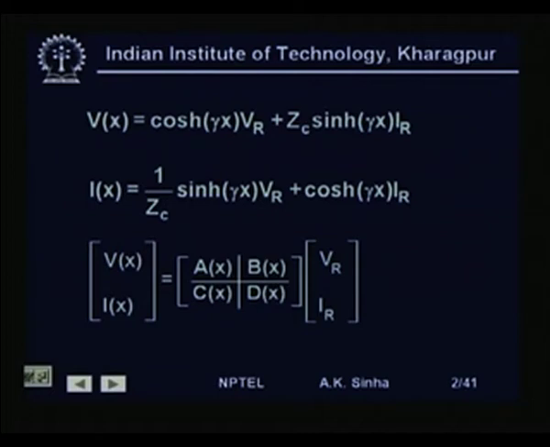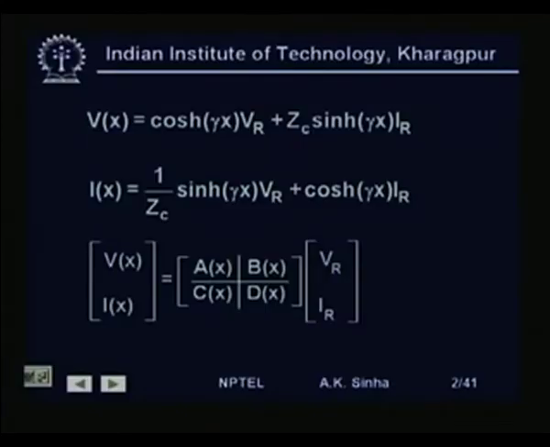Similarly, the current at a distance x from the receiving end, Ix, is equal to 1 by Zc sin hyperbolic gamma x into Vr plus cos hyperbolic gamma x into Ir, where Zc is the characteristic impedance of the transmission line, given by square root of z by y, where z is the series impedance of the transmission line per unit length and y is the shunt admittance of the transmission line per unit length.